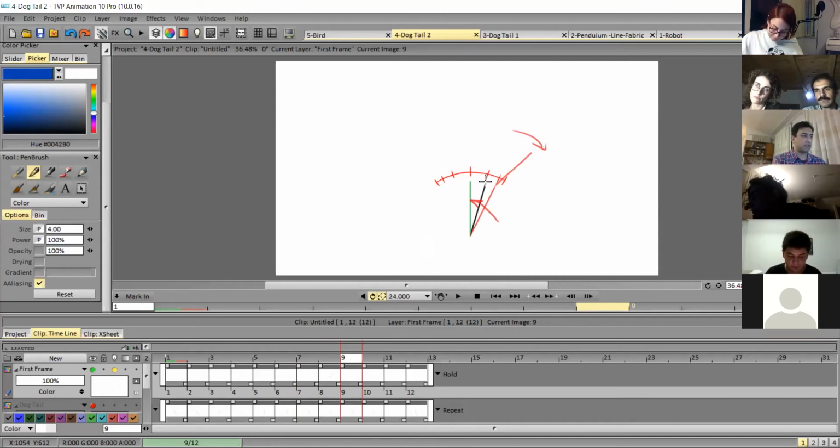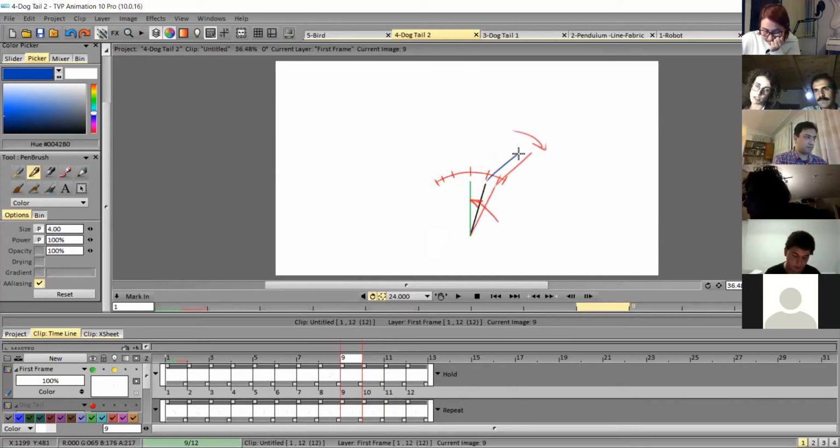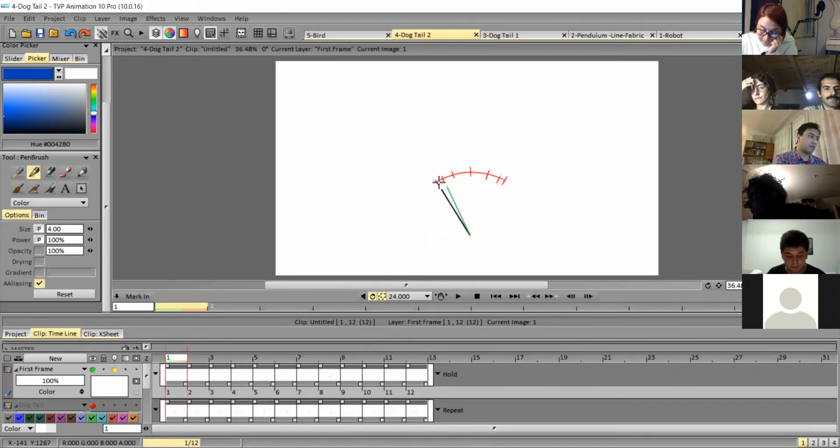Let's draw the remaining frames. They should be something like this. And here they are again aligned.